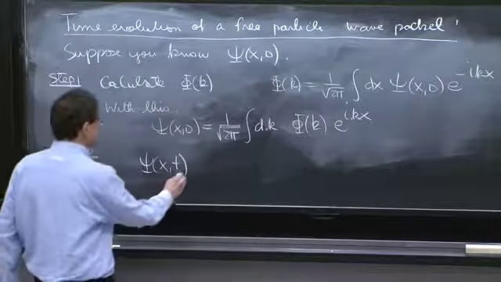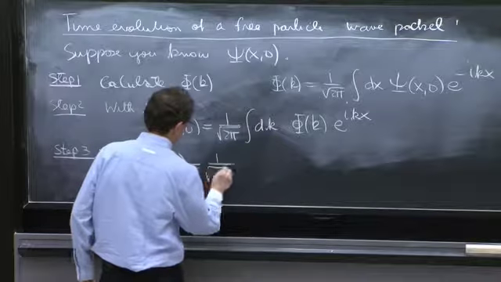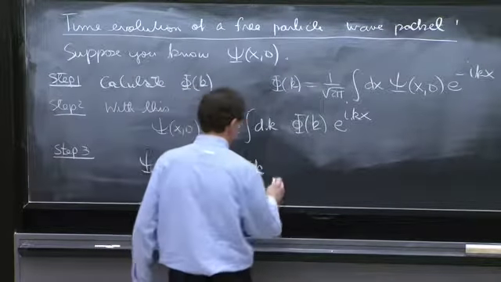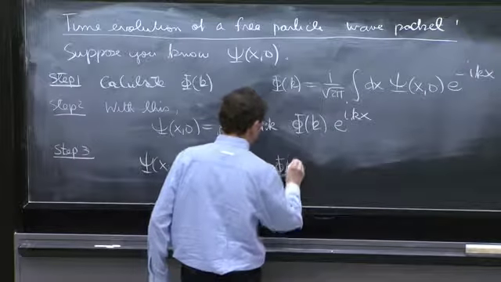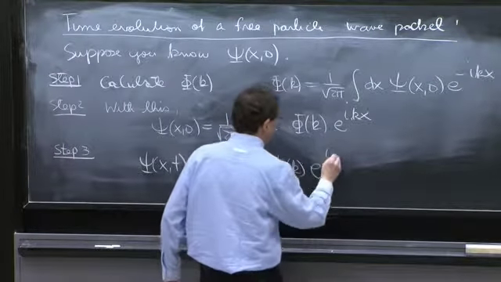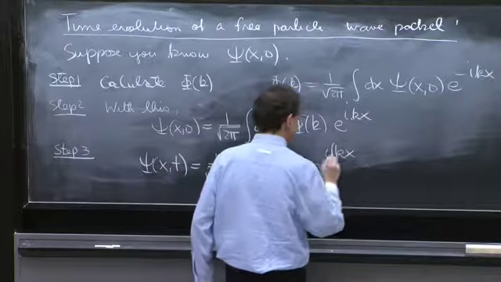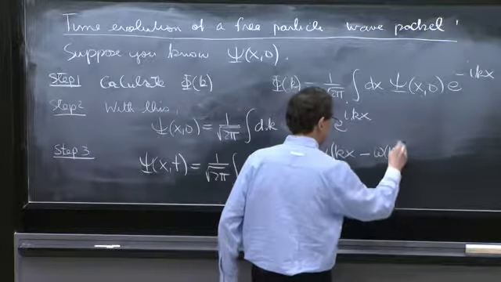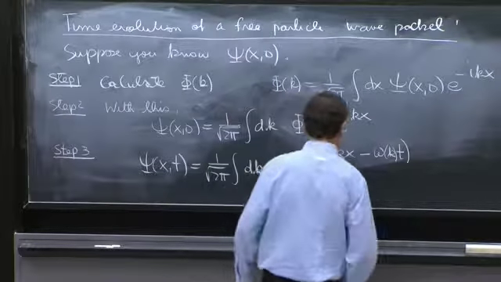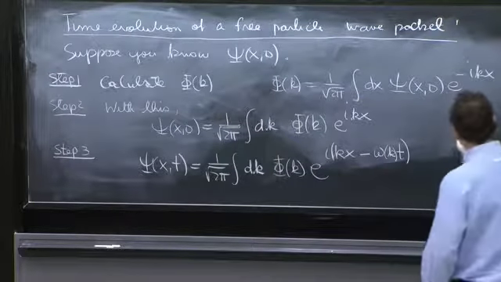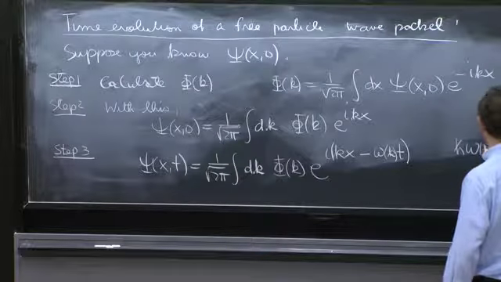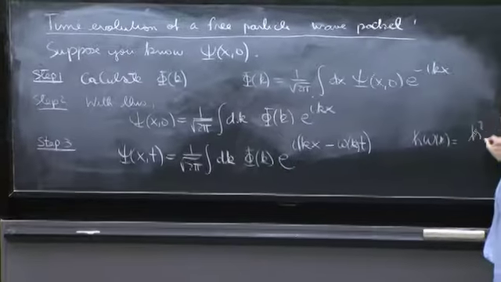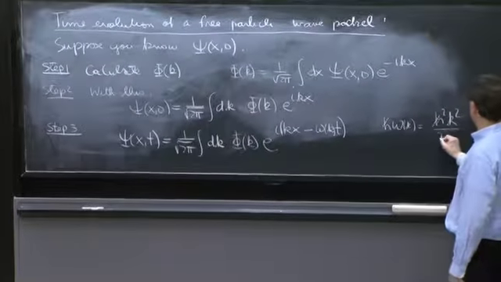What I must do here is 1 over square root of 2 pi, just copy this dk, phi of k e to the i kx, and I put here minus omega of k t. And I remind you that h bar omega of k is the energy, and it's equal to h bar squared k squared over 2m.